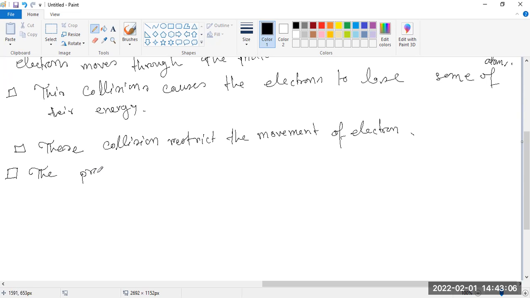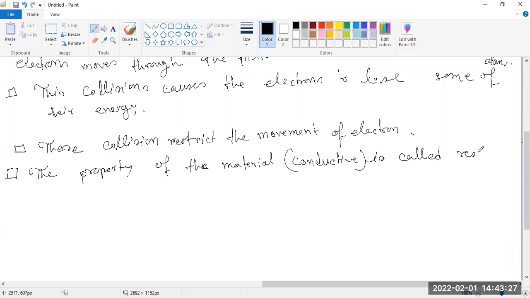The property of the material, also called conductive material, is called resistance.